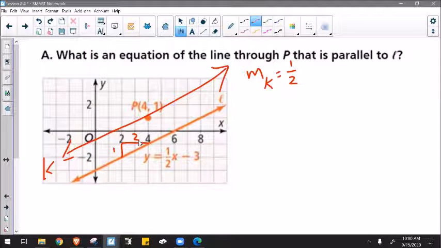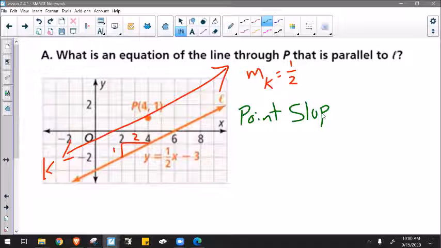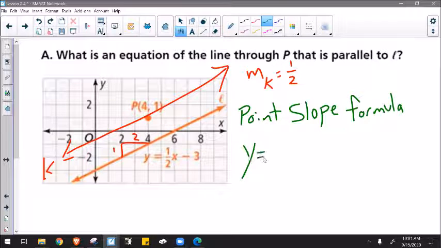Now, we have a formula, and you guys may or may not remember this formula, but we call it point slope. You might want to write this formula down, the point slope formula. This formula is y equals m times x minus x1 plus y1.